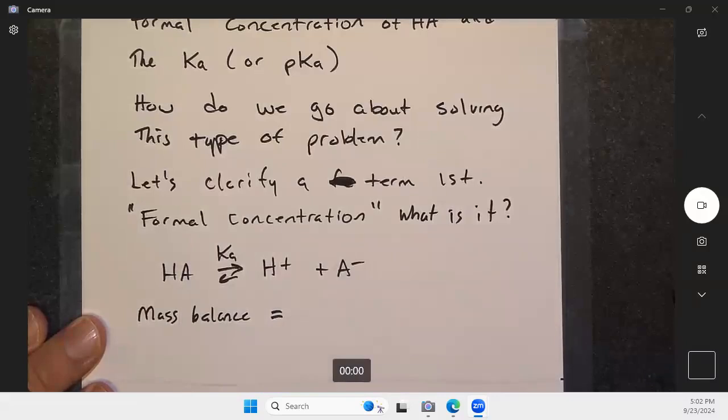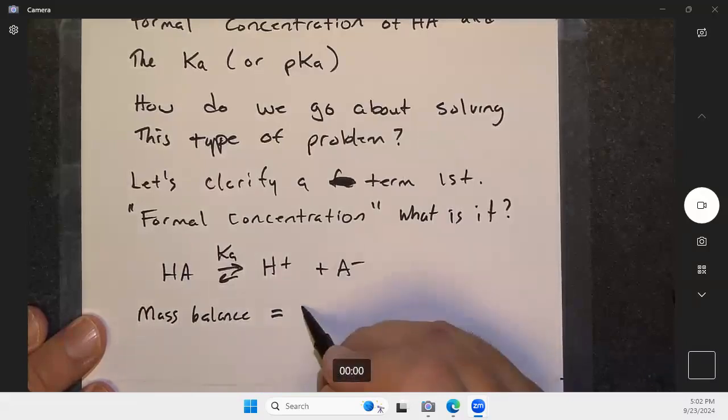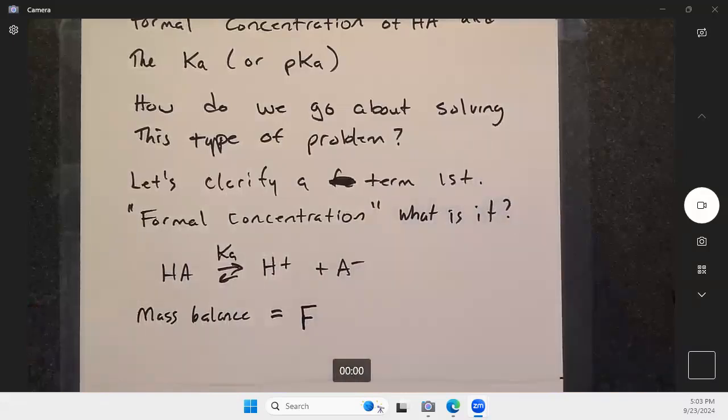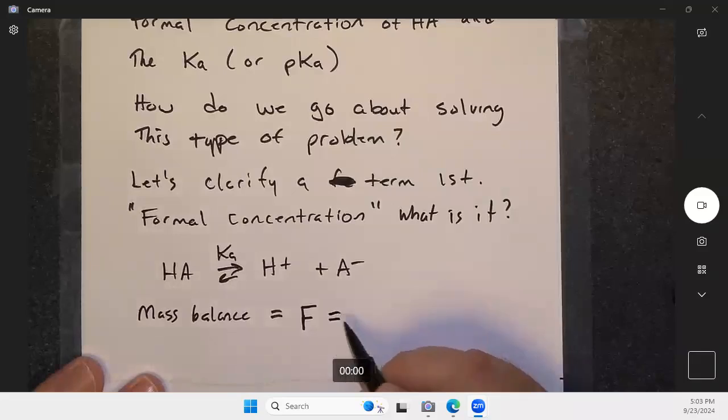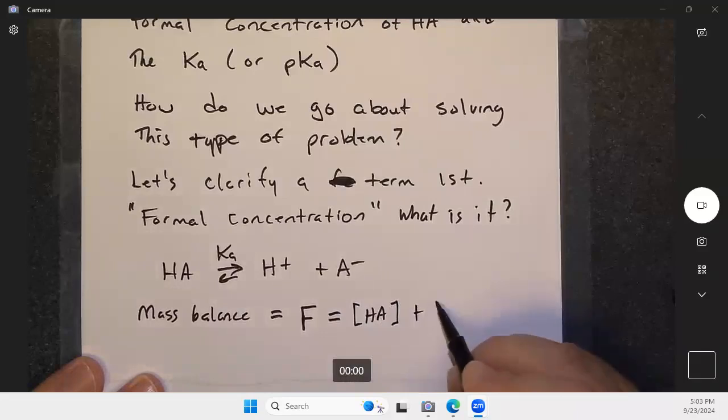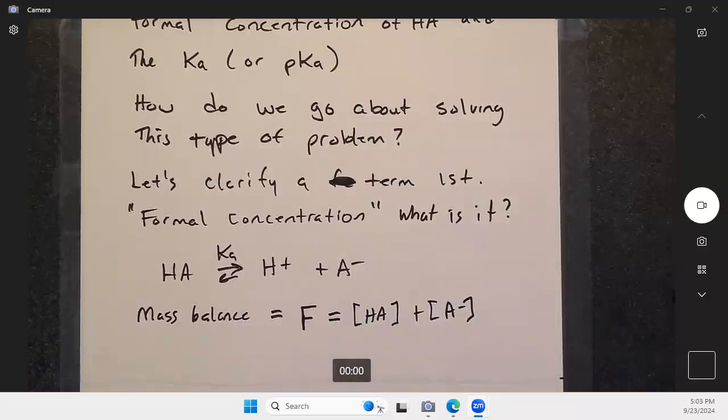Whatever that number is, we're going to call the formal concentration F. I know that we called the response factor F earlier when we were doing calibration work, but this is different. Now we're going to use F to be formal concentration. That formal concentration is equal to all of the HA plus all of the A minus, and that's all formal concentration is.